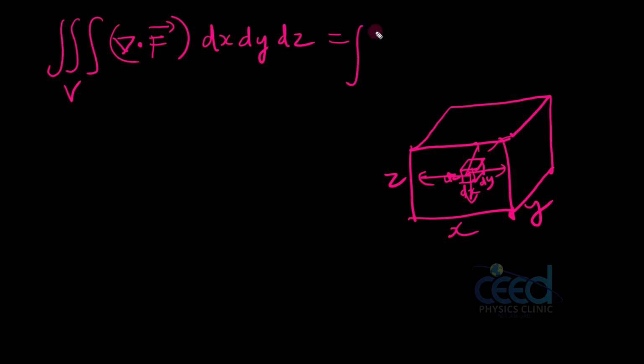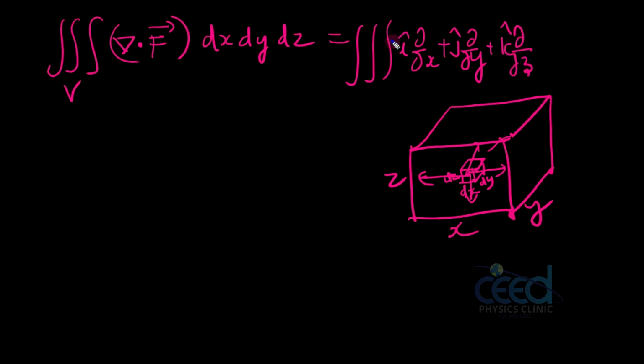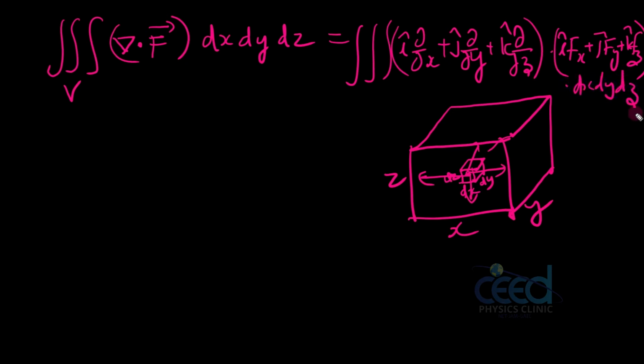So this I can write as a triple integral. If I am expanding this using the del operator, i cap dou by dou x plus j cap dou by dou y plus k cap dou by dou z, and also I can write this f as i cap fx plus j cap fy plus k cap fz, into this volume dx dy dz, right? So I can represent this as a volume integral.